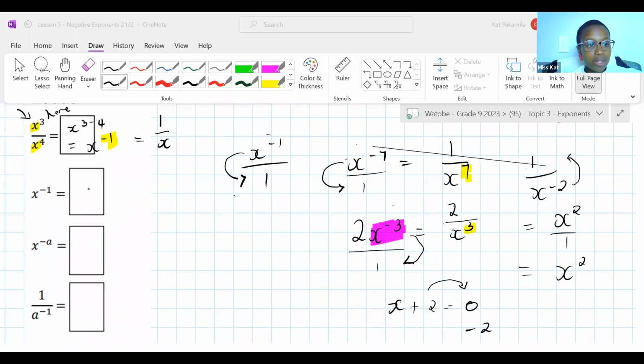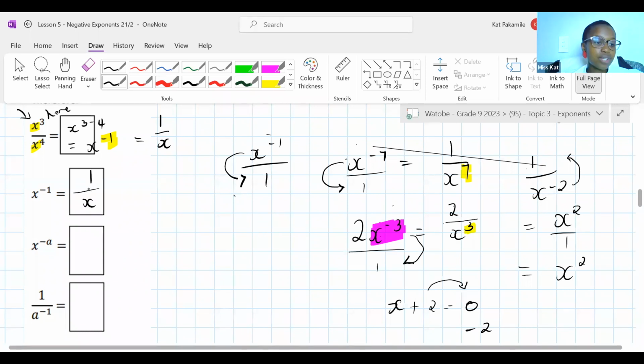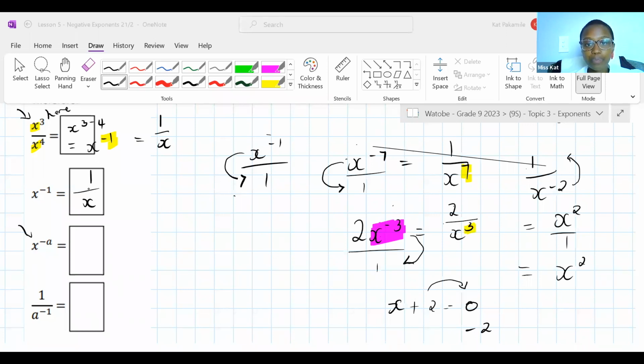What about this one? How do we change x to the exponent of negative a to a positive exponent? Hand just went up. Tammy says 1 over x to the a. Zet says 1 over a.